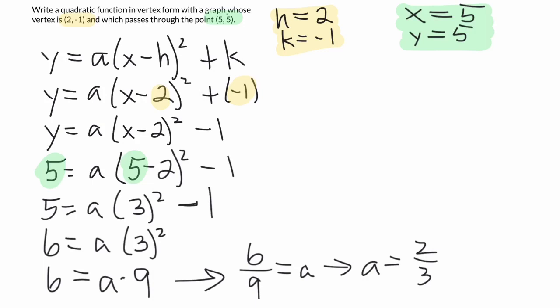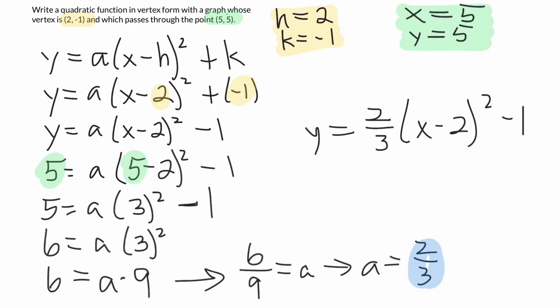So I'm going to use that, a equals 2/3, to substitute into my equation. Y equals 2/3 times (x minus 2) squared minus 1.